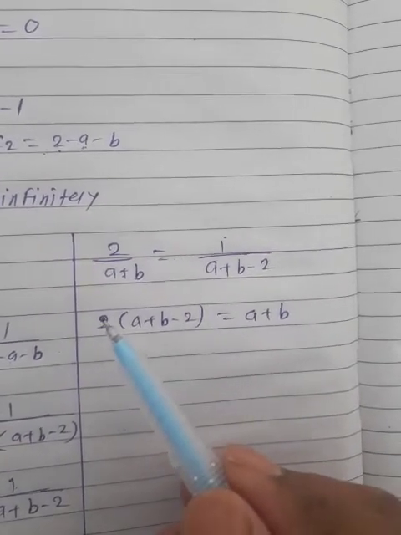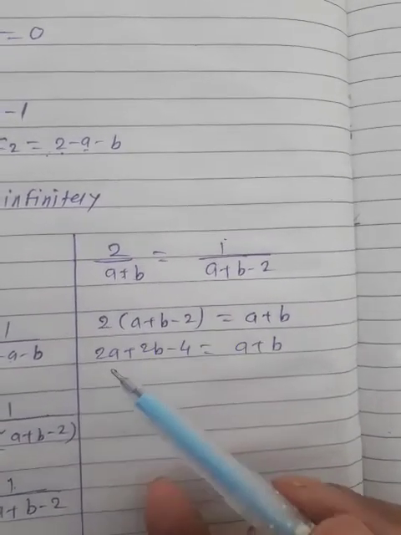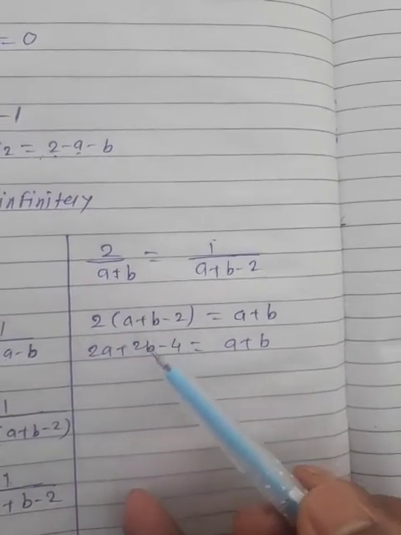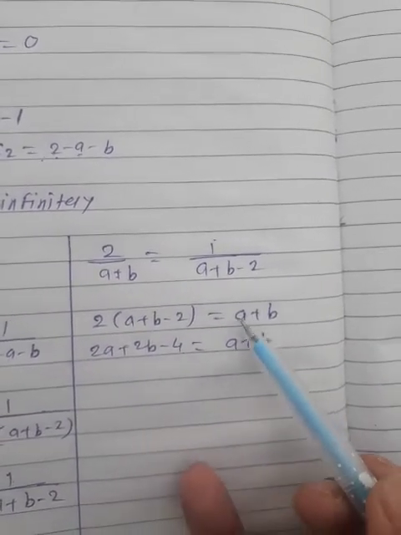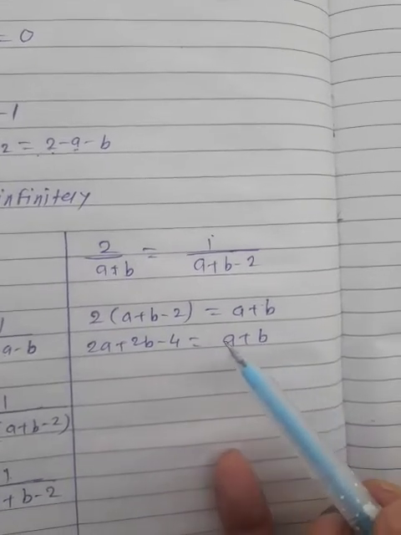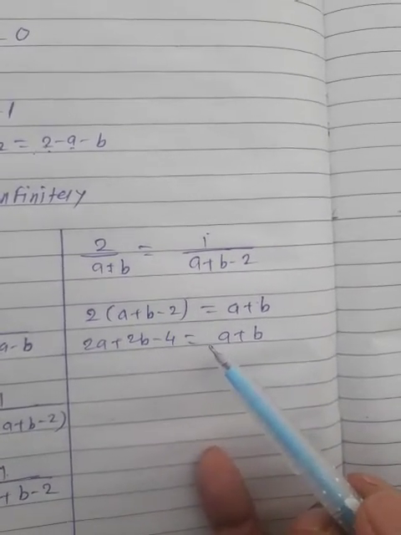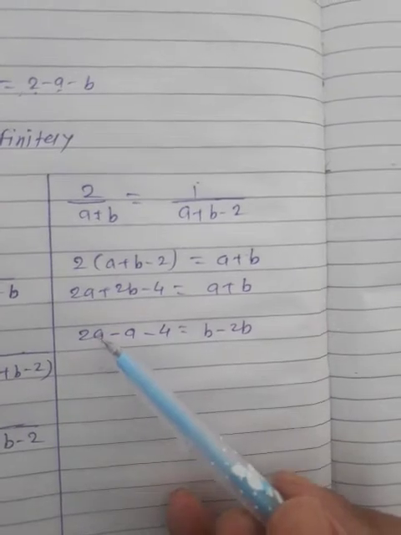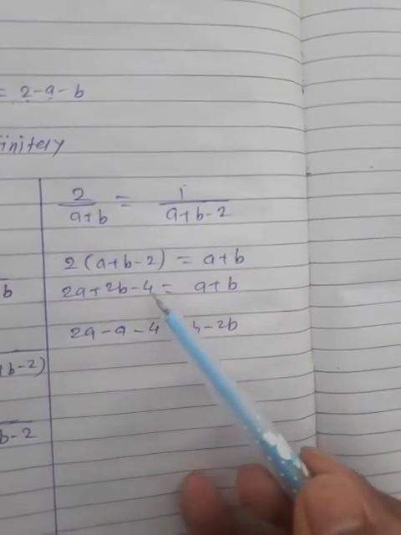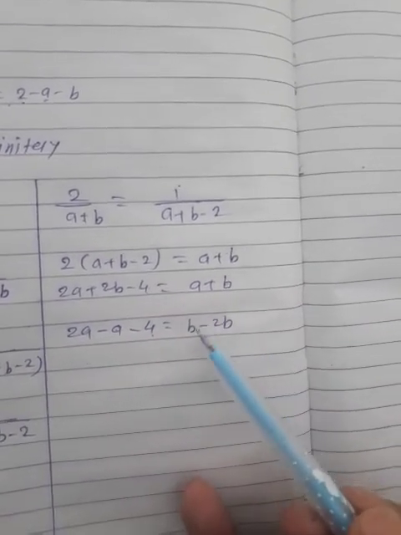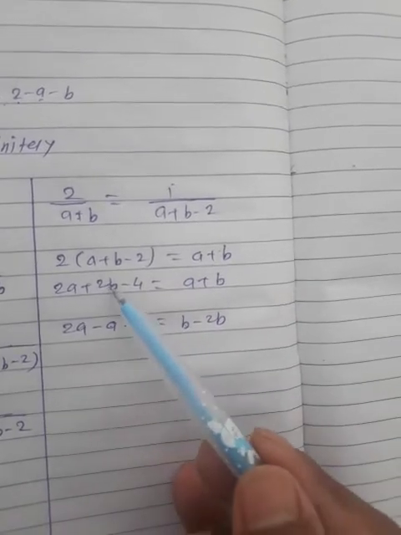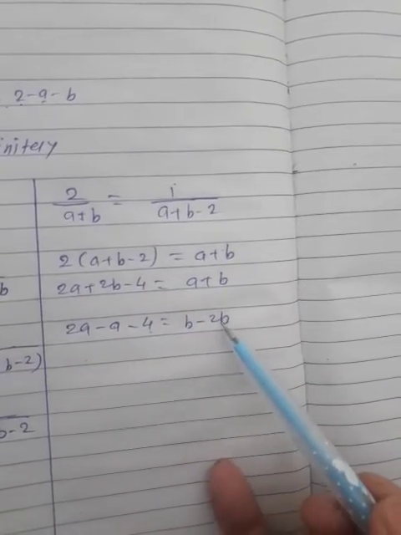Multiply this bracket by 2. So 2 into a is 2a, 2 into b is 2b, 2 into 2 is 4, is equal to a plus b. Again shift the like terms to the same side. This 2a as it is, plus a becomes minus a, this minus 4 as it is, this b on the right side as it is, this plus 2b becomes minus 2b.